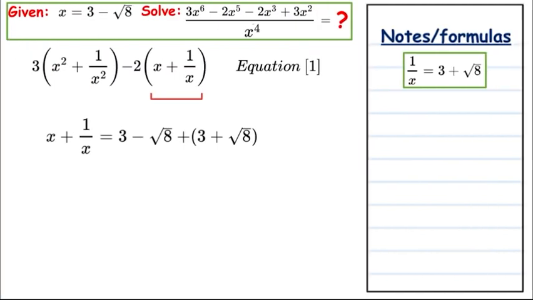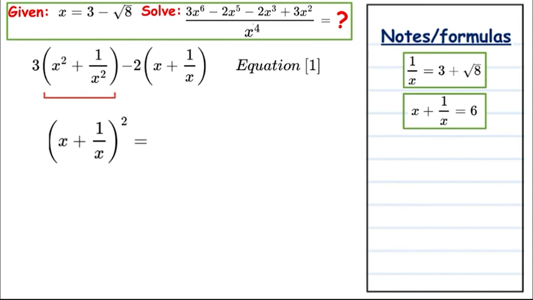Now that we have that, we're going to work on the x squared plus 1 over x squared. So remember that if we square x plus 1 over x, we're going to get the first term squared, which is x squared, plus the second term squared, which is 1 squared over x squared, and we're going to get plus twice the cross multiplier, which is 2 by x by 1 over x, and you can see these will cancel to give a 1.